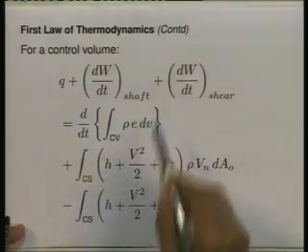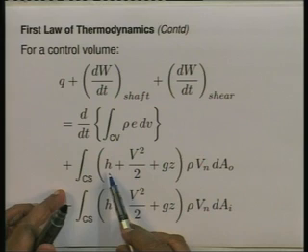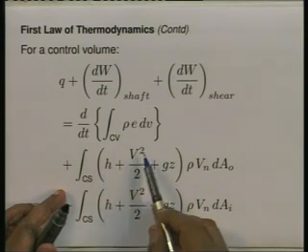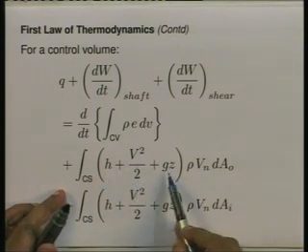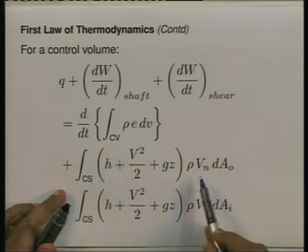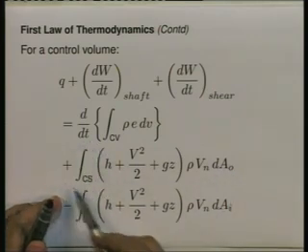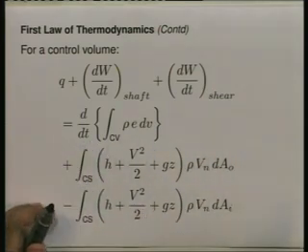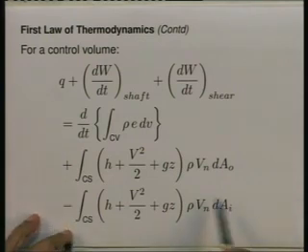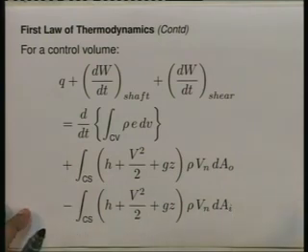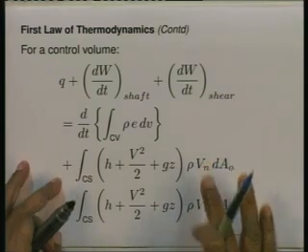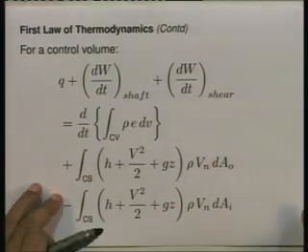The next term stands for enthalpy per unit mass, kinetic energy per unit mass, potential energy per unit mass, multiplied by the rate at which mass leaves, rho V dot dA, integrated over the whole control surface, and we get the total amount leaving per unit time and the total amount entering per unit time. So, these are the extra terms because of the control volume approach.